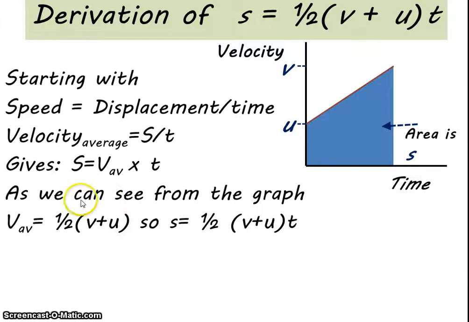But we can see from the graph that the average velocity is half of the final velocity plus the initial velocity, just a simple mean velocity. So that equation then gives us displacement is half (v plus u) multiplied by t.